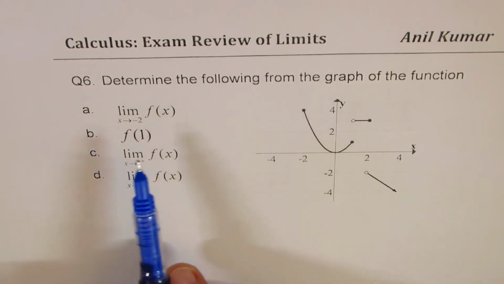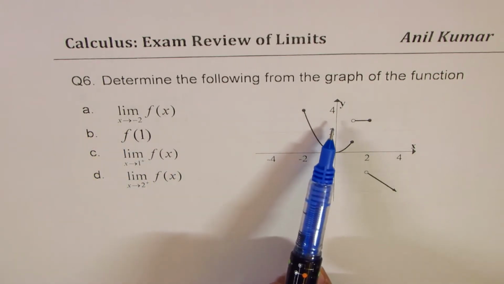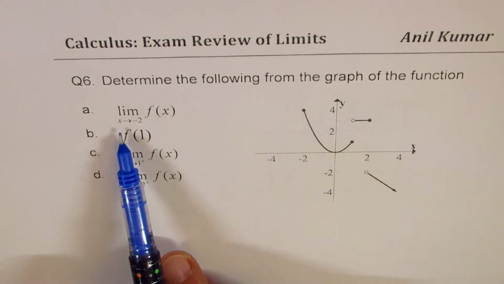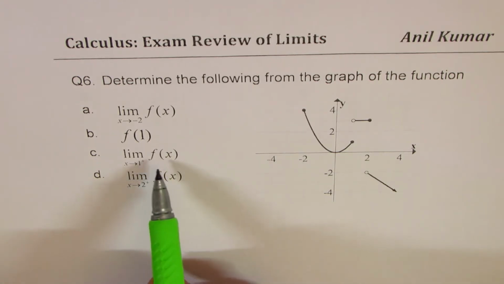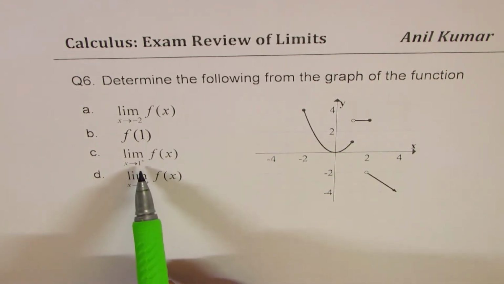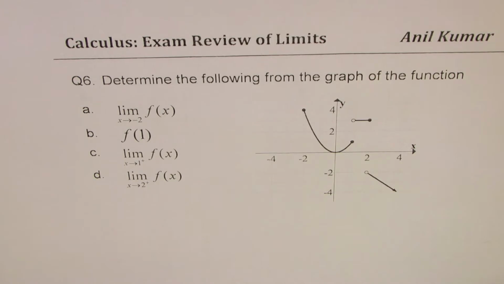Question number 6 for me is, the graph is given to us. We need to find the limit of this function as x approaches -2. We need to find the value of the function f of 1, the limit of the function when x approaches 1 from the positive side, and the limit of the function when x approaches 2 from the positive side.